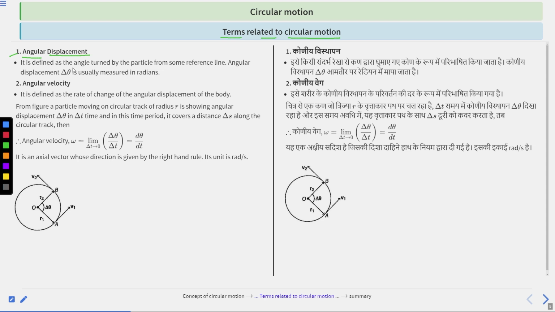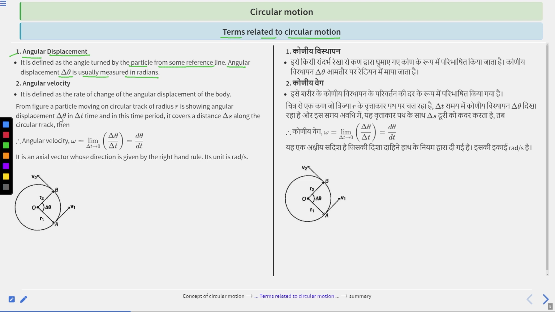So it is defined as the angle turned by the particle from some reference line. Angular displacement delta theta is usually measured in radians. Means radian is the unit of measuring angular displacement.